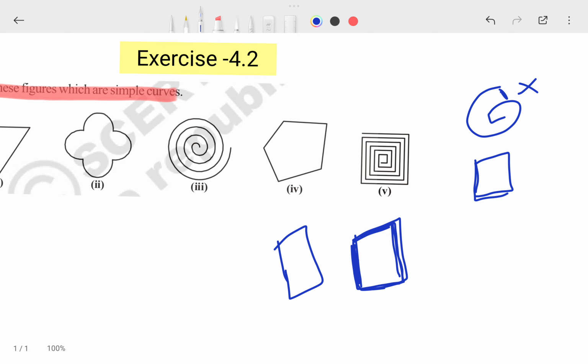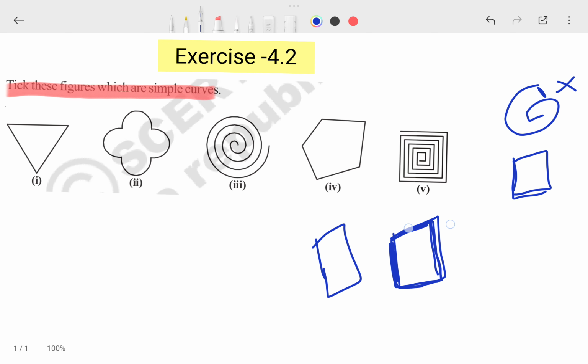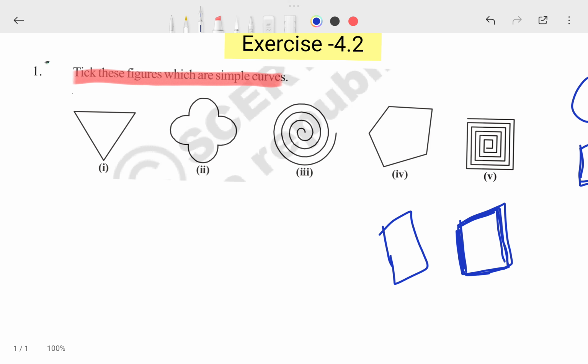Otherwise, look at this figure: we have to take out which of the following are simple curves. Will you enter in this inner part? Whatever is inside the boundary is called the interior, and outside the boundary is called the exterior.